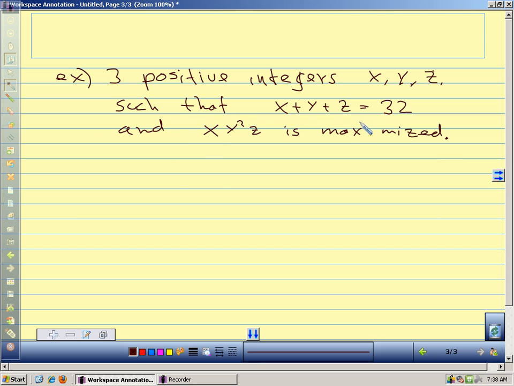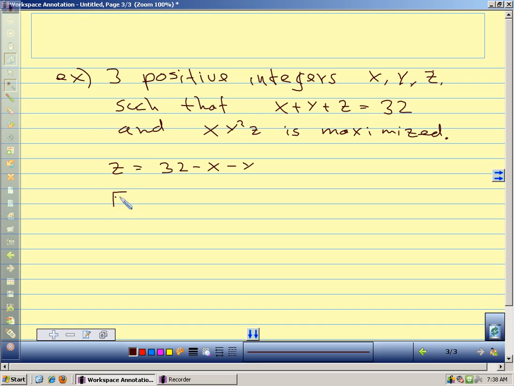So from this equation, we know that z equals 32 minus x minus y. And we're going to say our function that we're looking at, we want to express this just in terms of 2 variables.